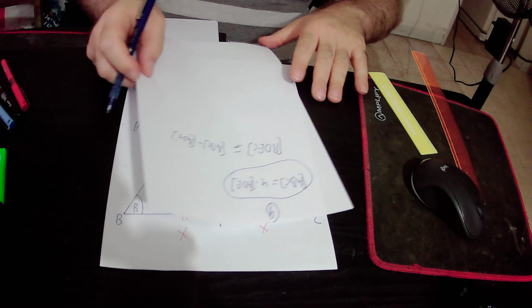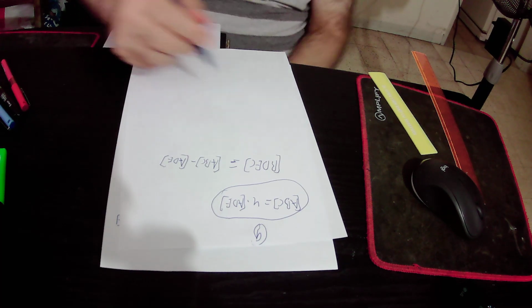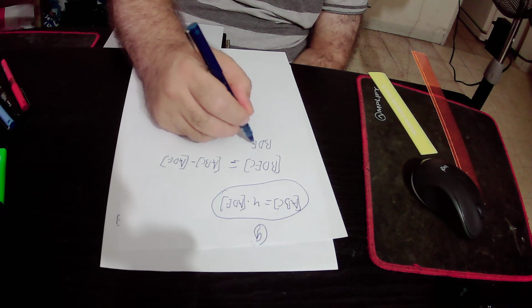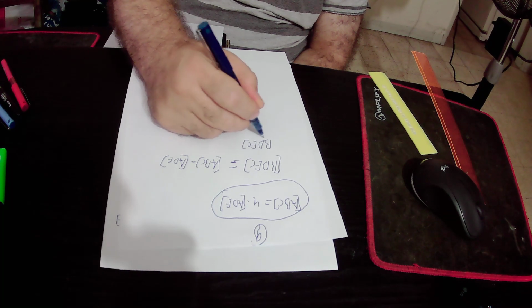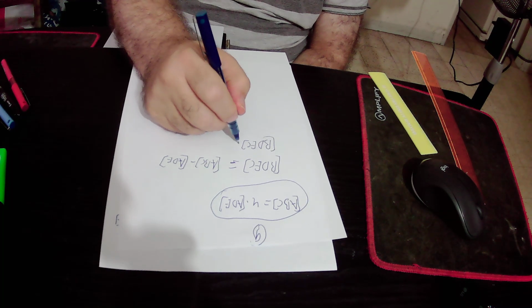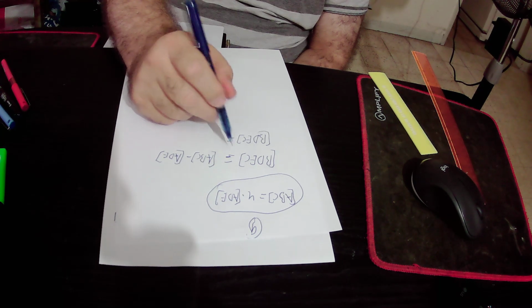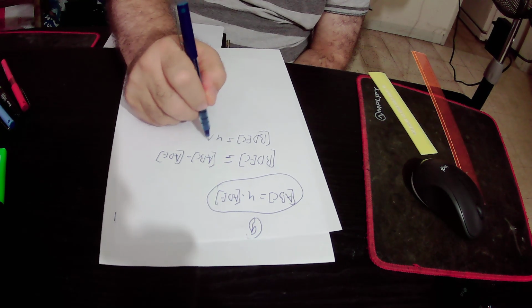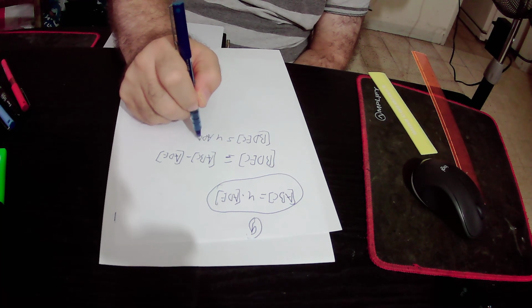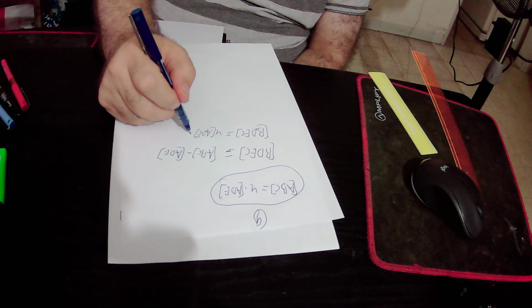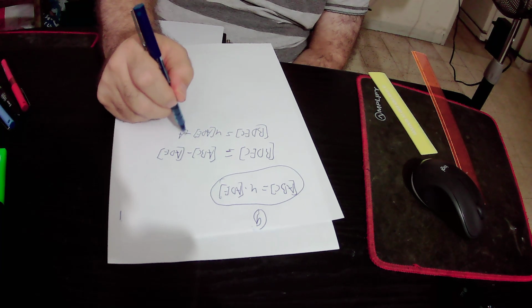We get that the area of quadrilateral BDEC equals the area of triangle ABC, which is 4 times the area of triangle ADE, minus the area of triangle ADE.